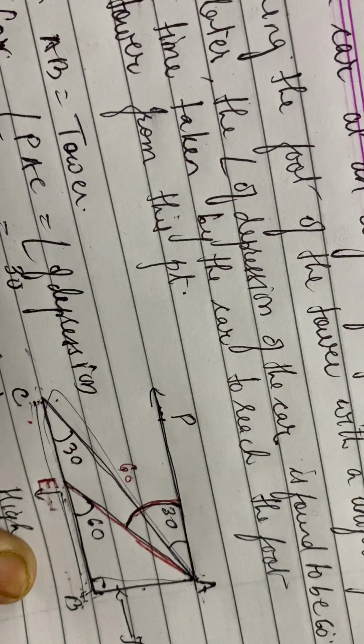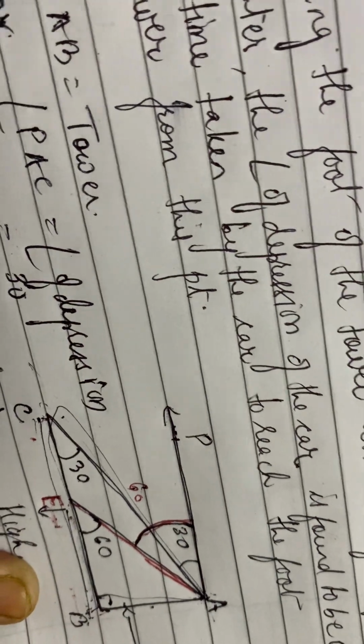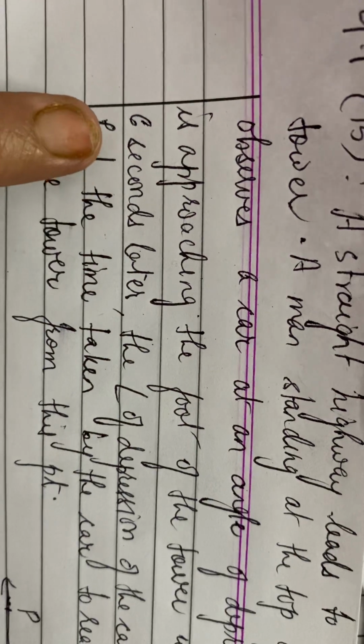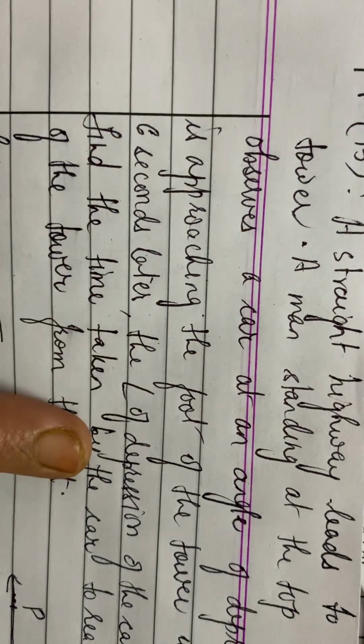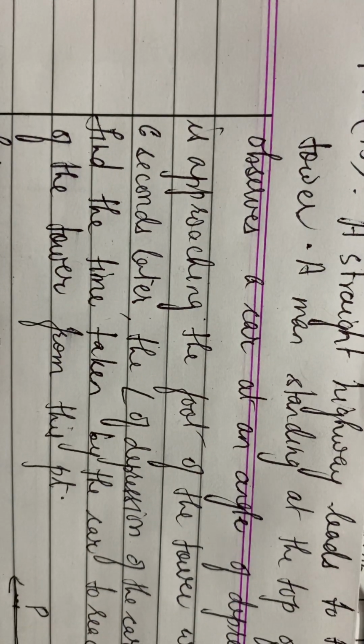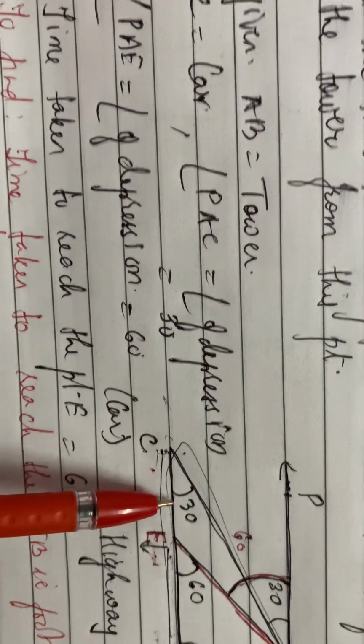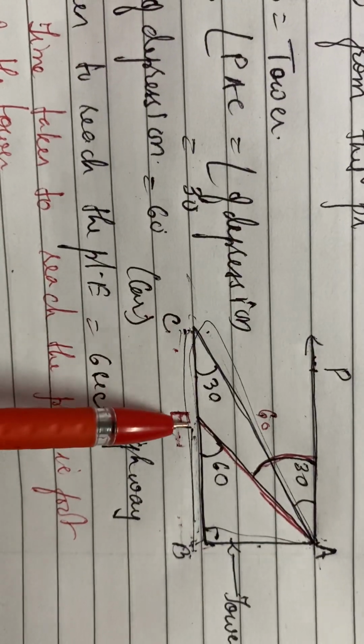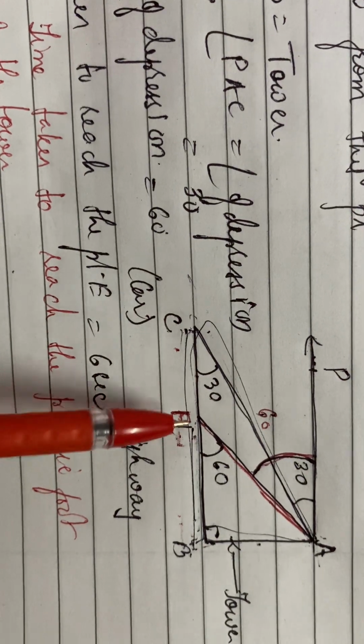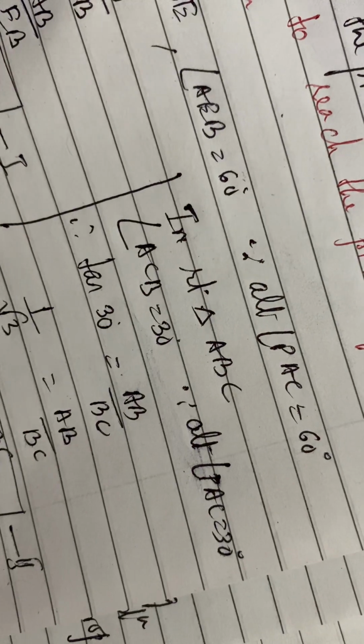Now, if you read the sum, it says 6 seconds later, the angle of depression of the car is found to be 60 degrees. Initially, the angle of depression was 30 degrees. After 6 seconds, now we come to the formula.